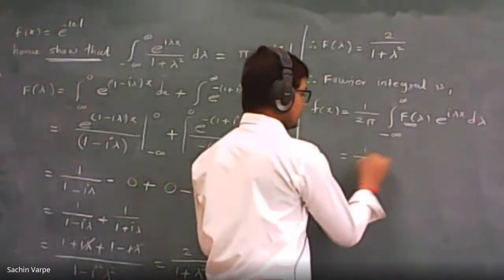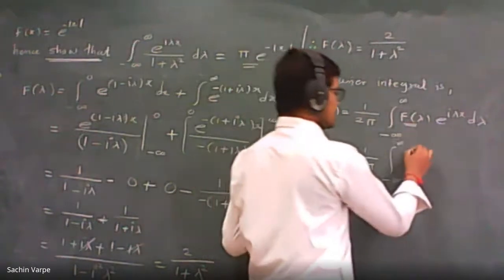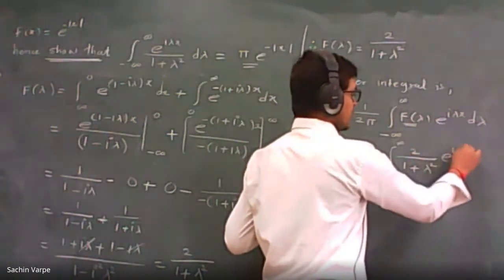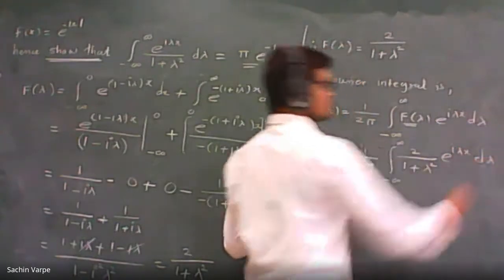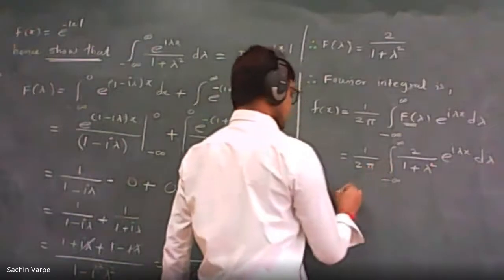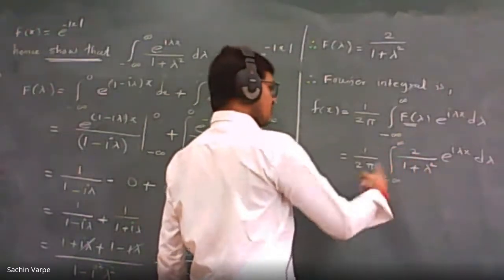1 upon 2 pi integral from minus infinity to infinity, F of lambda is 2 upon 1 plus lambda square, e raised to i lambda x d lambda. All right, this 2 will get cancelled. And let us write the value of this integral. Let us take this 1 upon pi to the left hand side.